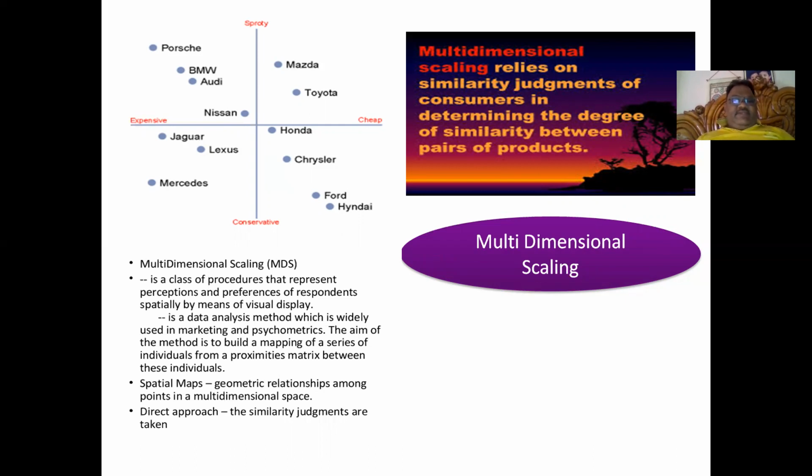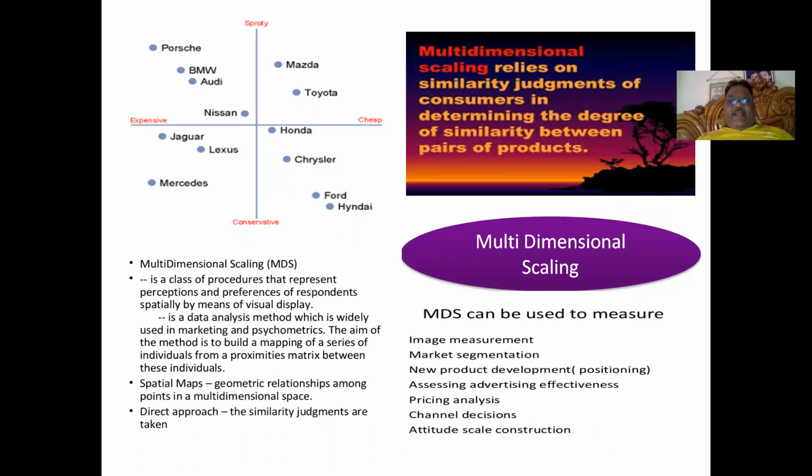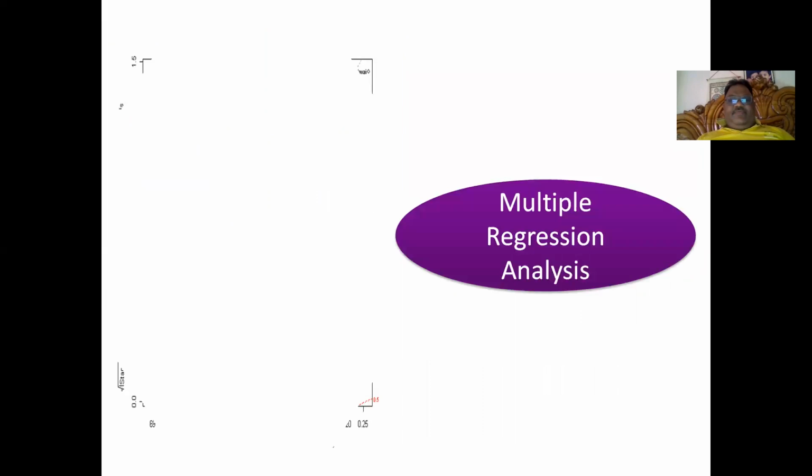So MDS is a class of procedures that represent perception and preferences of respondents, particularly by means of visual display. We'll discuss these topics. It helps us to measure image measurement, market segmentation, new product development, that is position of the product, pricing analysis, channel decision, and statistical construction.